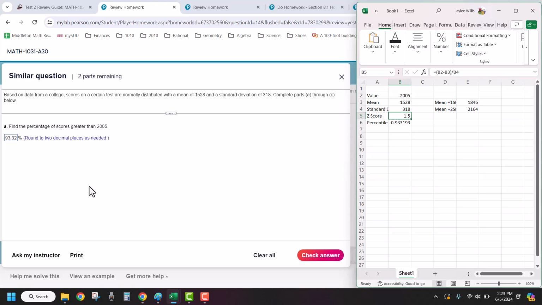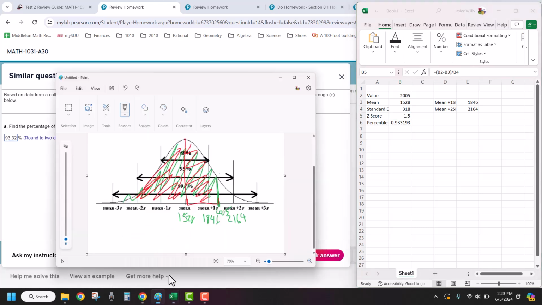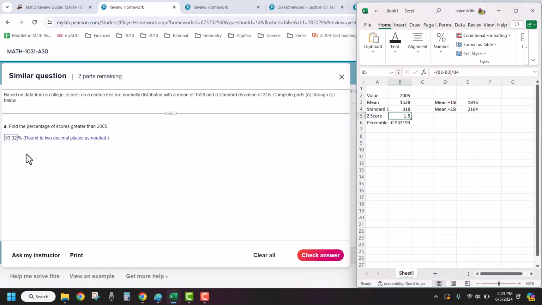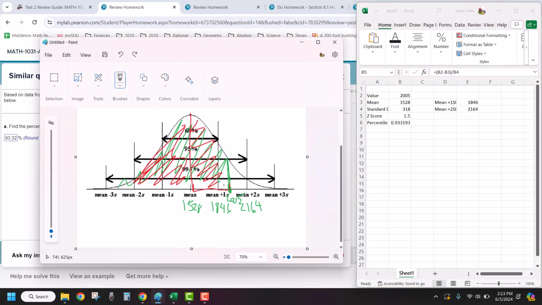And actually, I'm glad I made that mistake. The question actually asks the percentage of scores that's greater than 2005. And what I found was the percentage of scores that is less than 2005. Because I found this part of the histogram, but the question was actually asking for this part of the histogram.